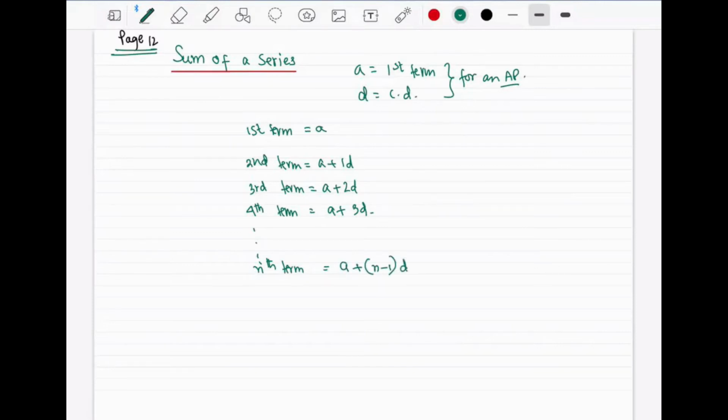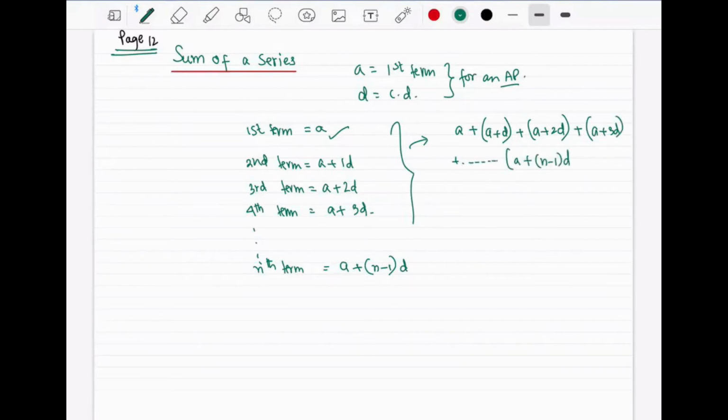Now what about the sum of these terms? If I add the first term, second term, third term, fourth term, up to any term, what will it look like? Let me write it down here. It will look like this: a plus, that's the first term, second term, third term, fourth term, and then you can continue this up to the nth term.